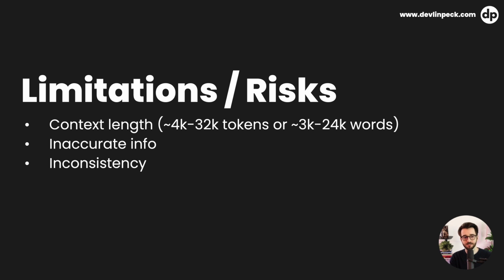And then inconsistency. For the ChatGPT models that we have access to, not only can the responses vary from thread to thread, right? It might look a little bit different. That's okay. That's kind of built into the tool. But they're also working on the model in the back end.